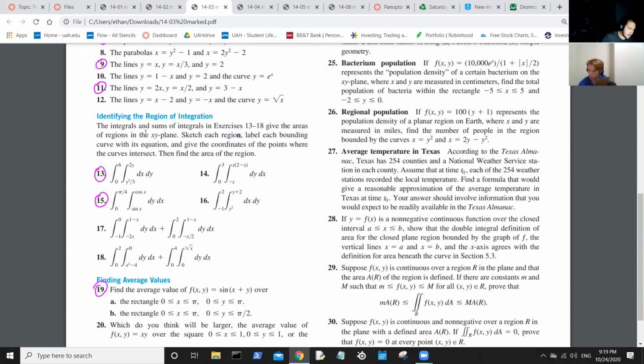You can revert it and set everything back to y, or you can map it whichever way you prefer. Personally, I like to revert everything back. So I would write x is equal to 2y and x is equal to y squared over 3, and then I would flip these and have y is equal to x over 2 and y is equal to the square root of 3x.